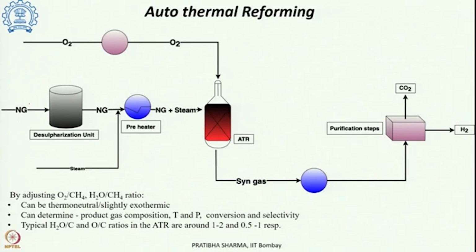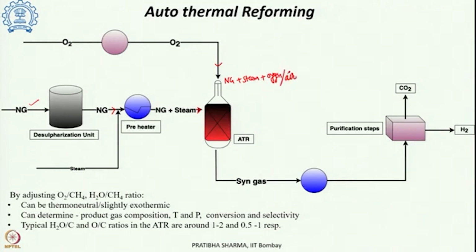Natural gas passes through the desulfurization unit so that the sulfur containing impurities can be removed from the natural gas. Natural gas is then preheated, and with steam and oxygen it enters the autothermal reformer.